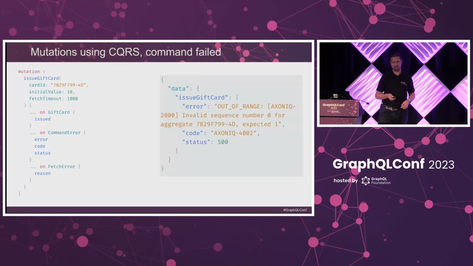This is another kind of error, which is a bit cryptic, but it's basically trying to create a card that already exists. It's trying to publish an event with sequence number 0, but there's already one, so it should be 1. That's why this error is coming up.